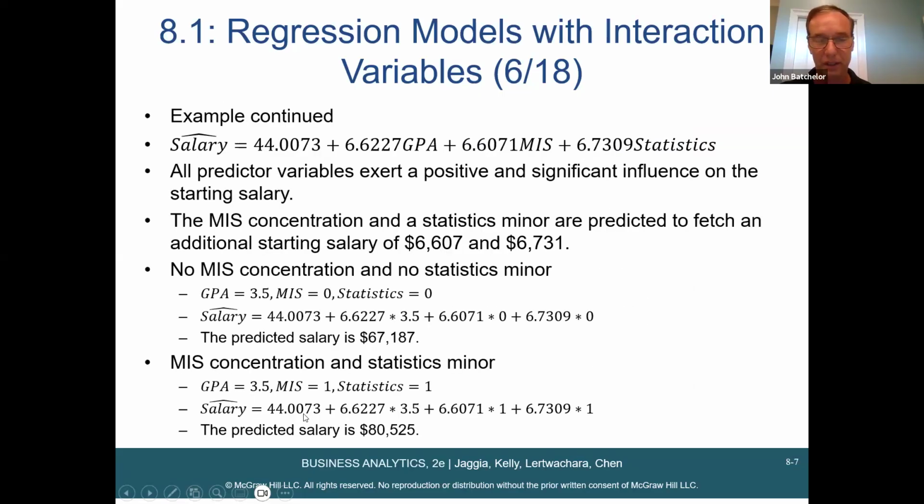Here's the beta for GPA times 3.5, just like up here. But now we have ones because they have the MIS concentration and a statistics minor. So we take the beta off the output times 1, plus the beta of statistics minor times 1. Here we have to put these in, or it'd be off. And we see it's higher because they have these two minors.